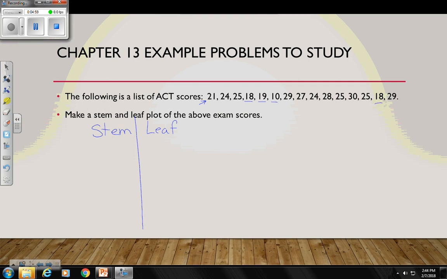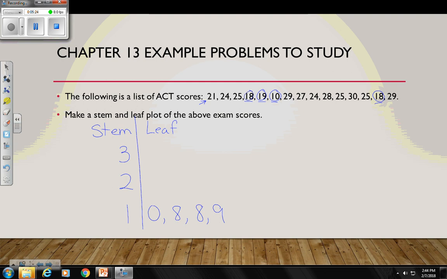Most of them are digit 2, and the other one has a tens digit of 3. So I'm just going to put 1, 2, and 3 as my stems. And then in order, I have a 0, an 8, an 8, and a 9. So I'm going to put 0, comma, 8, comma, 8, comma, 9 as my leaves off of the tens digit.